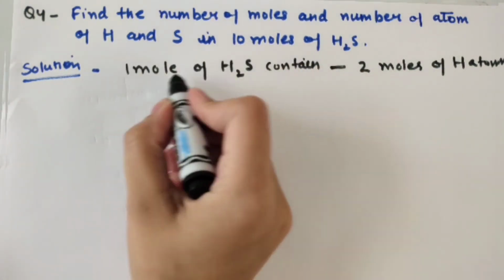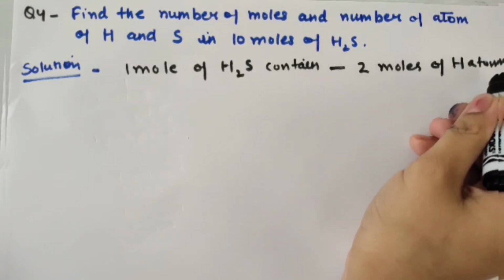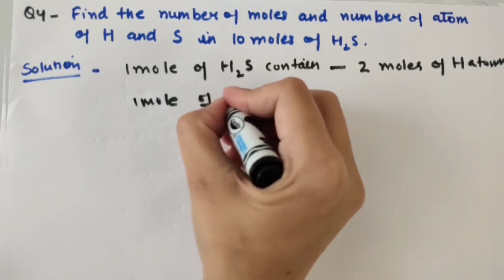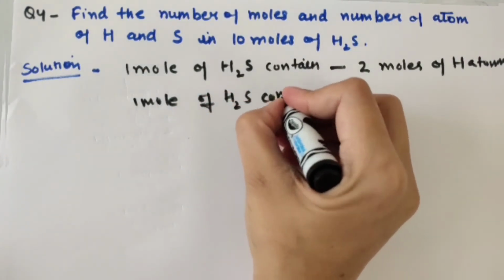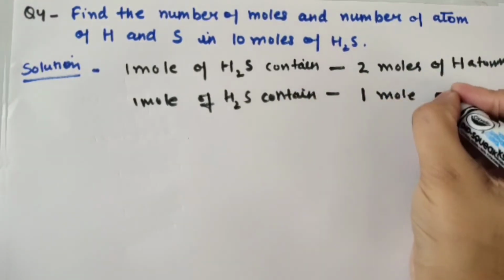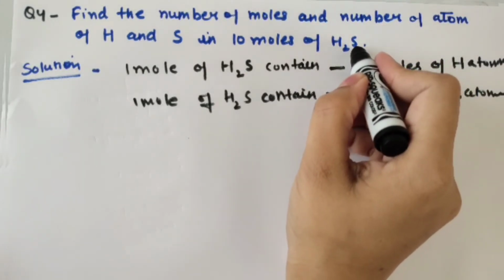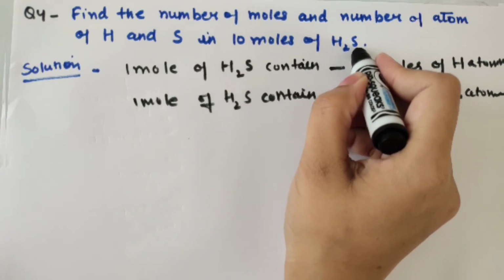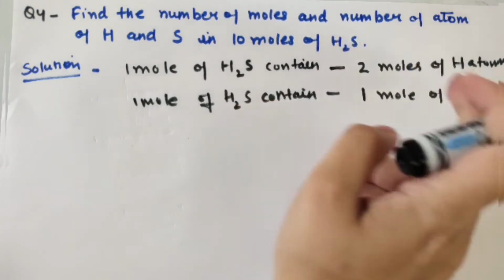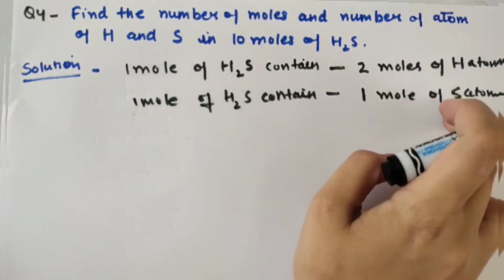So 1 mole of H2S will contain 2 moles of hydrogen atoms. Likewise, 1 mole of H2S will contain 1 mole of S atoms, because there is only 1 sulfur atom.